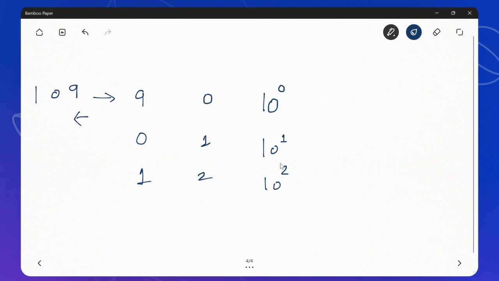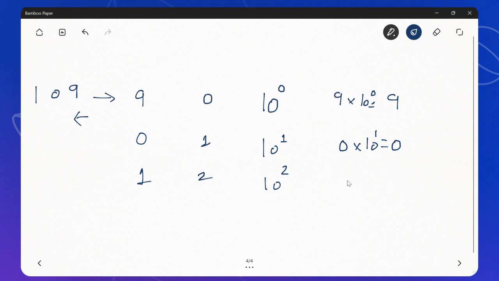The decimal equivalent of this is calculated by symbol, that is 9 in this case, multiplied by positional value, and positional value is 10 to the power 0, that is 1, so it comes out to be 9. Similarly, over here the symbol 0 multiplied by positional value 10 to the power 1, which is 10, gives 0.